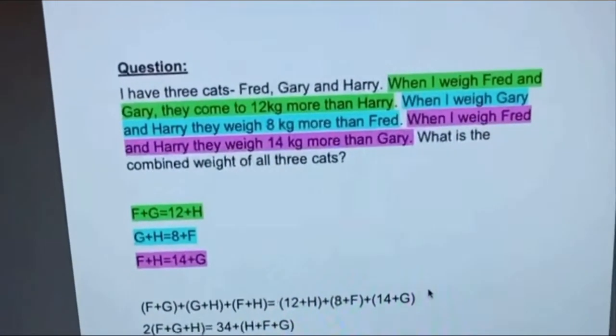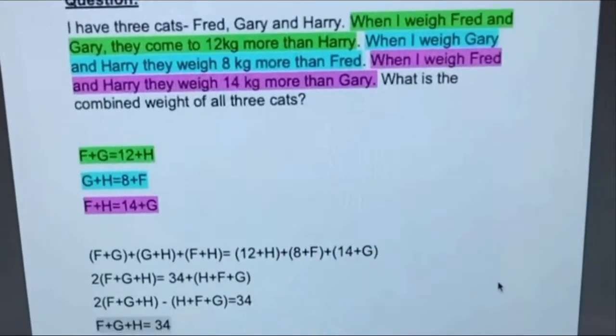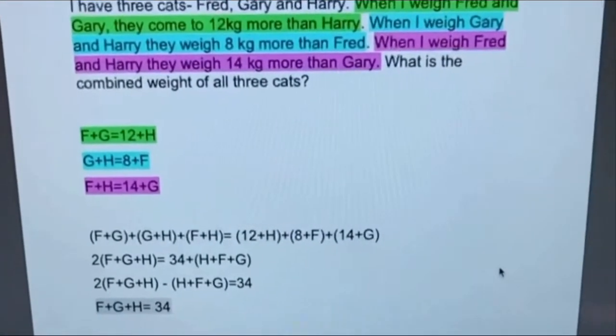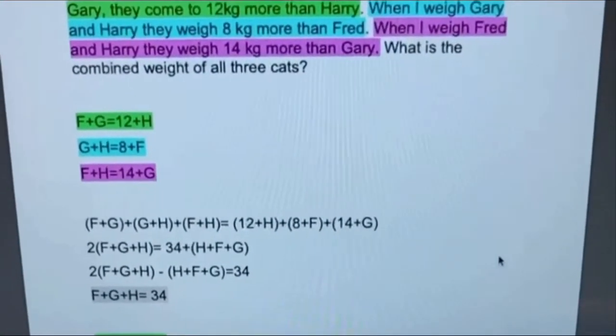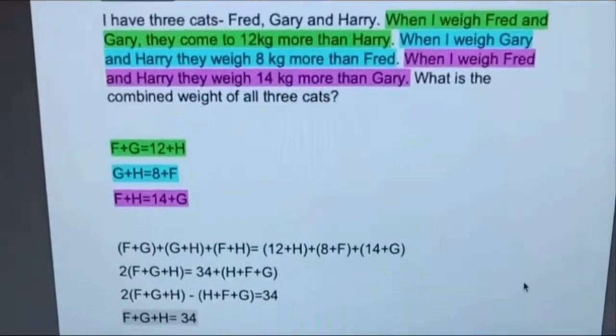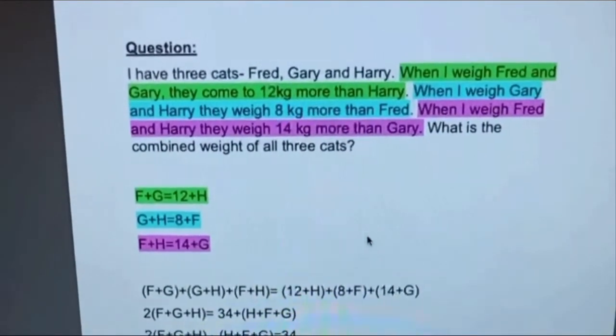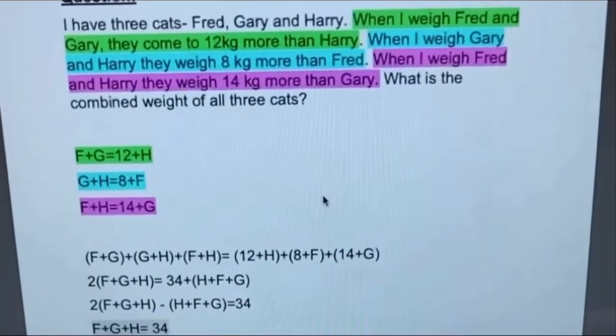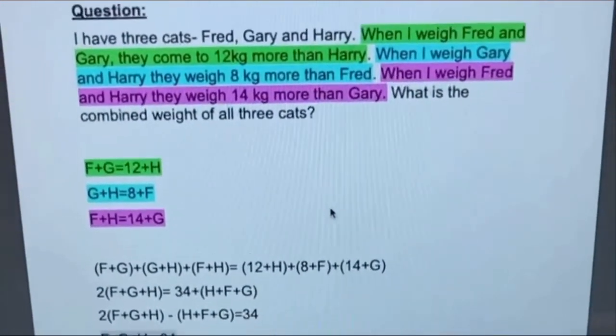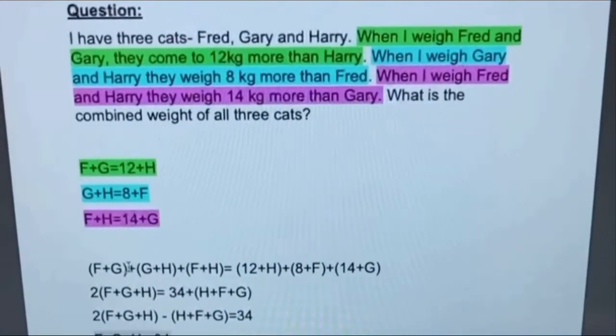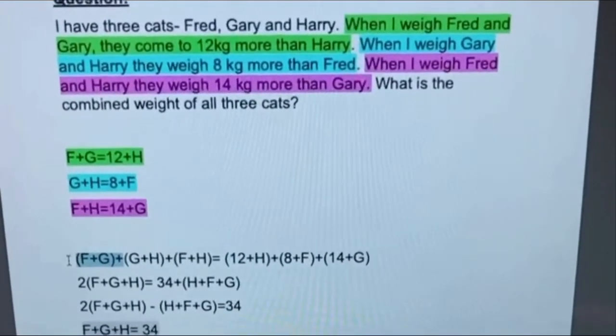Okay, so it's very simple. We just add all the equations together. So on the left hand side, we add all the expressions from the left hand side of the equal to sign. So F plus G, for simplicity I put brackets here so that it's easier to see.